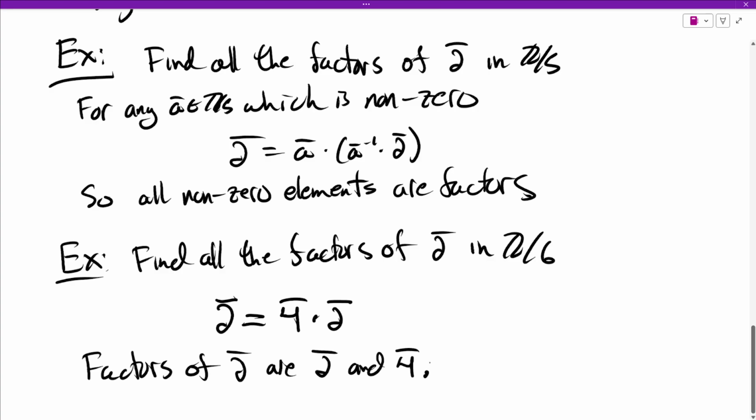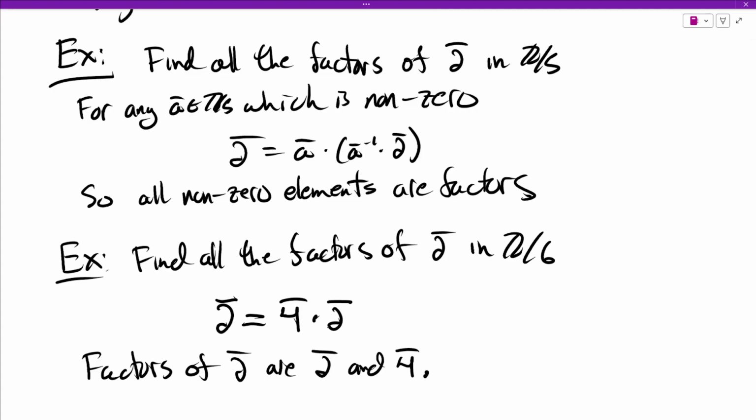Now this is very weird behavior because this is a non-trivial factoring of 2, right? Neither of the terms are units. Anyway, this is kind of an interesting factoring of 2, and it's very weird from what we know about factoring integers.